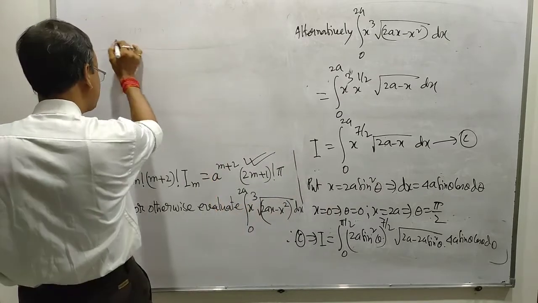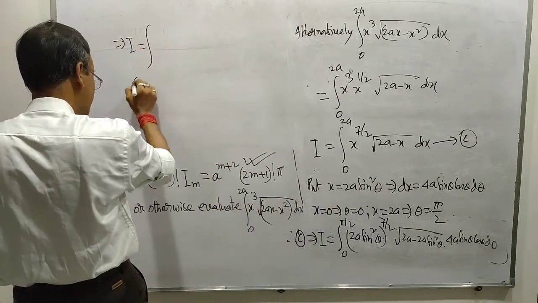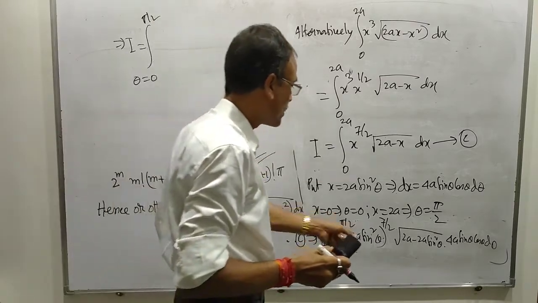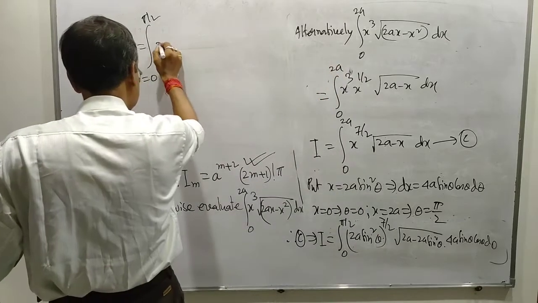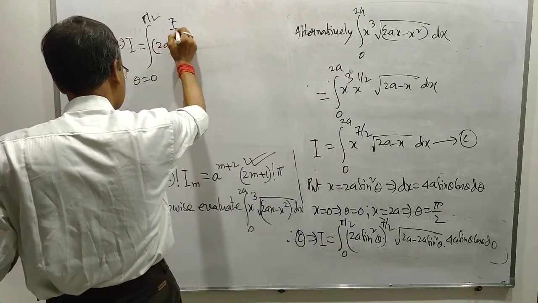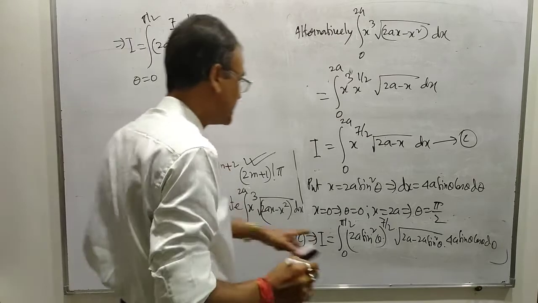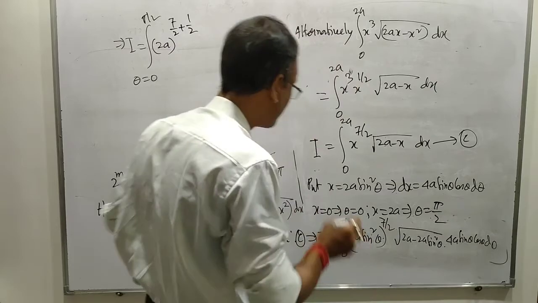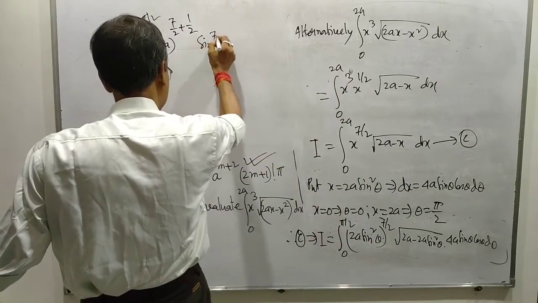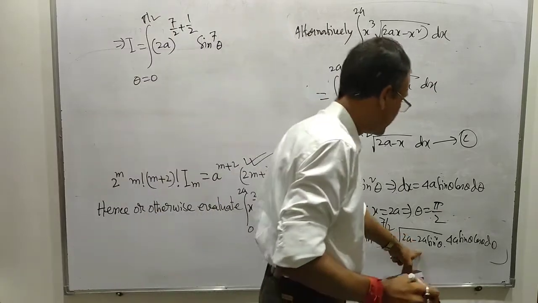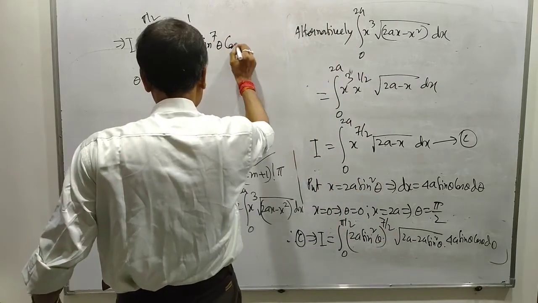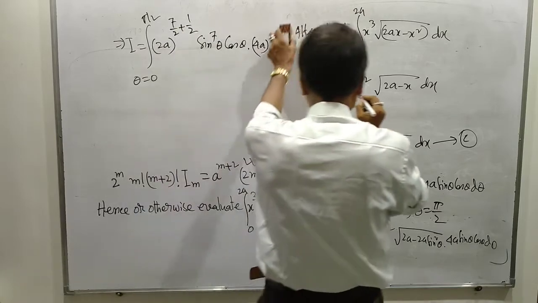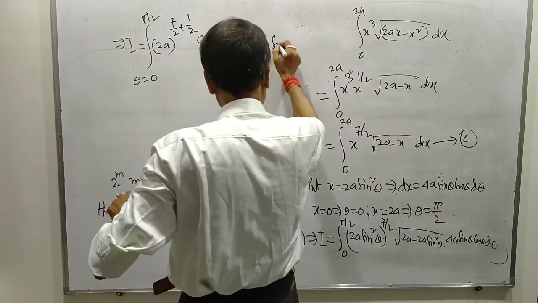Now this is equal to integration theta from 0 to pi by 2 of (2a) to the power 7 by 2 plus 1 by 2. From this term, (2a) to the power 7 by 2 plus 1 by 2, sin square theta whole to the power 7 by 2 means sin to the power 7 theta, into cos theta, into 4a sin theta cos theta.